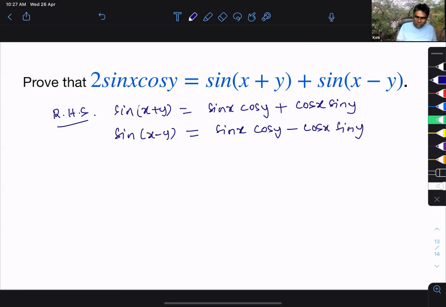So we are adding them. If you add sin of X plus Y and sin of X minus Y, these terms will drop off, and you will end up having 2 sin X cos Y. I think we are okay here.